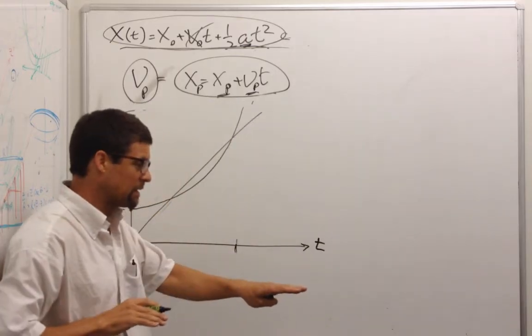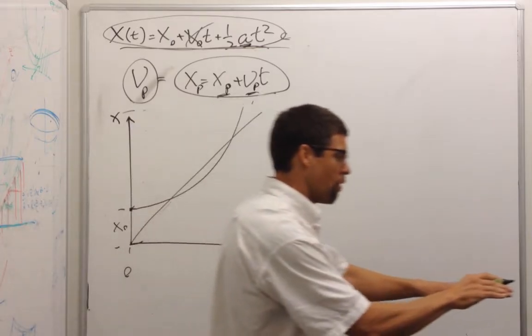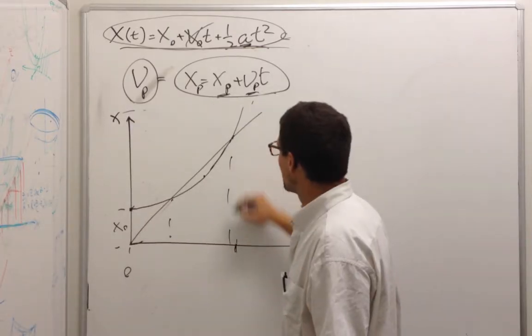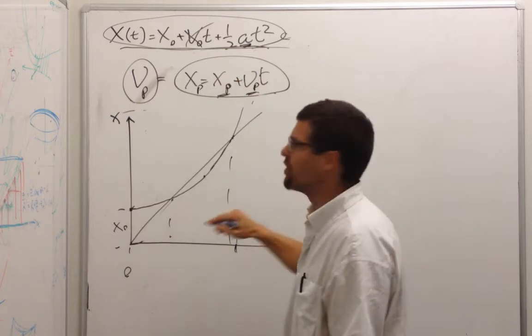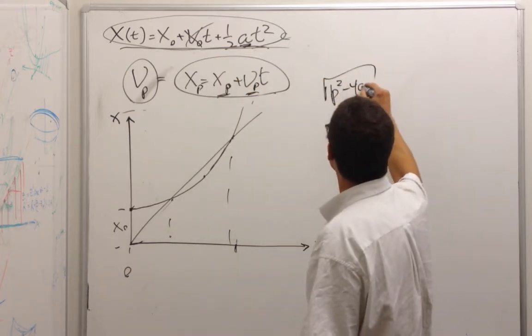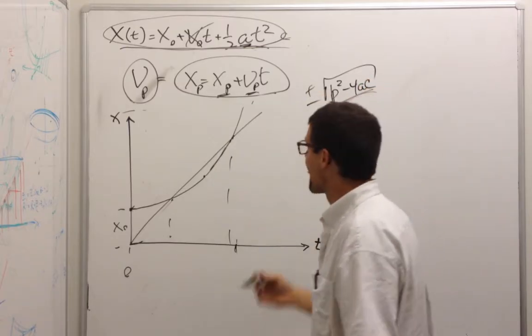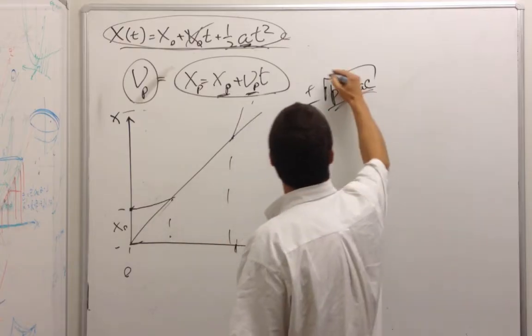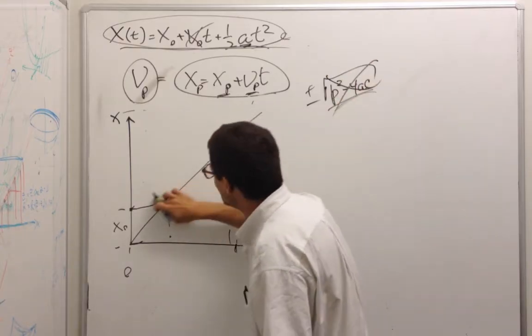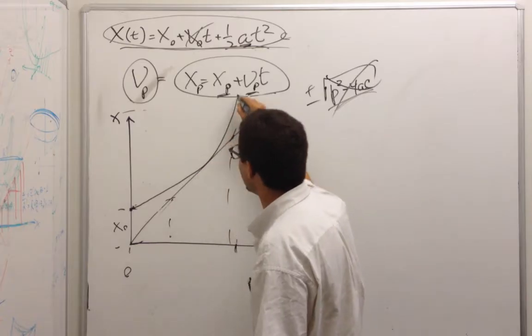Kind of like this. In which case you'd have two roots to this quadratic equation. You know, the radical b squared minus 4ac would be positive and you'd have a plus and minus, right? Or that radical would be 0 and you would just touch him and then he'd move away.